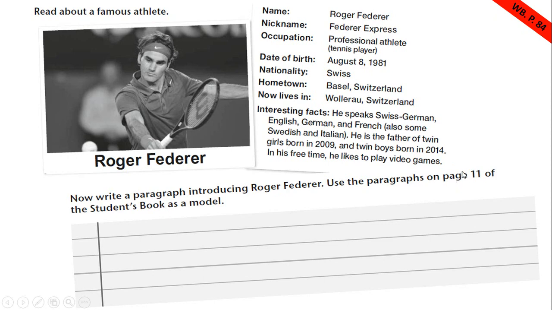Okay, I think B or C on page 11, the same thing we did on page 11 when we talked about the two people, in the student's book, as a model. We take it as a model and fill in the information. Can we do it? Okay, Miss Asma, yes, it's easy and it's fun.